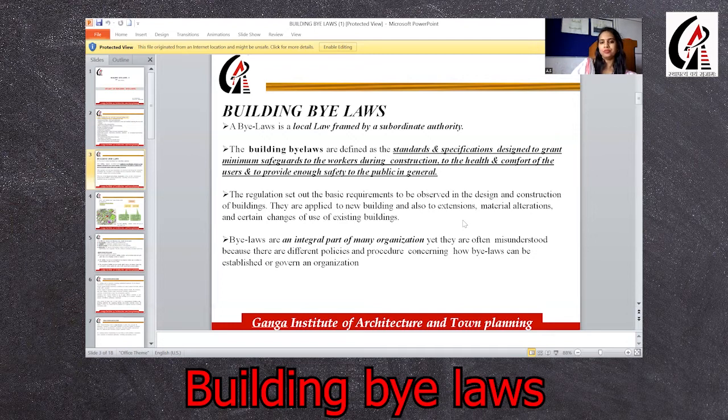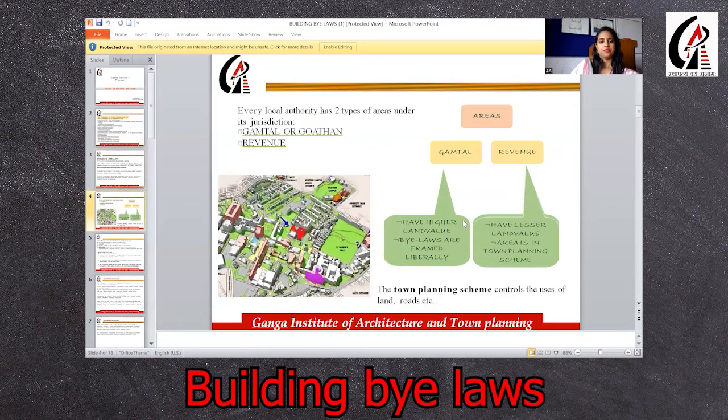Next we have the areas according to their need. We have two types of areas in particular. The first one is the urban area, that is the city or town. The town has already framed its own laws as per its local authority.